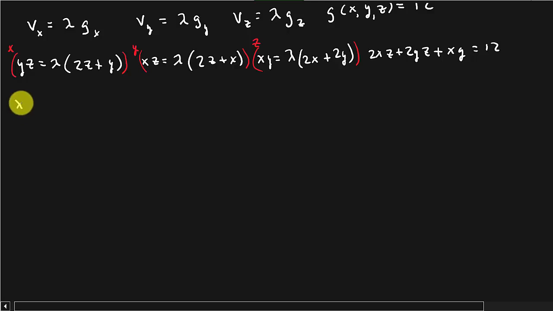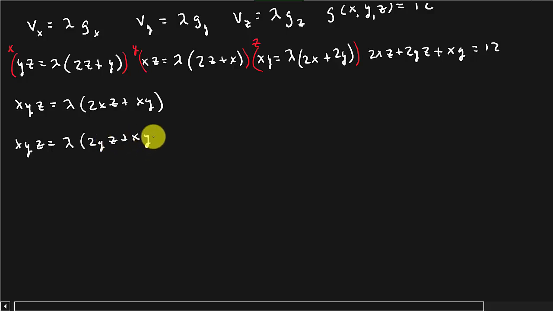So this is going to give me xyz equals lambda times 2xz plus xy, multiplying everything by x. And then xyz equals lambda times 2yz plus xy, multiplying everything by y.